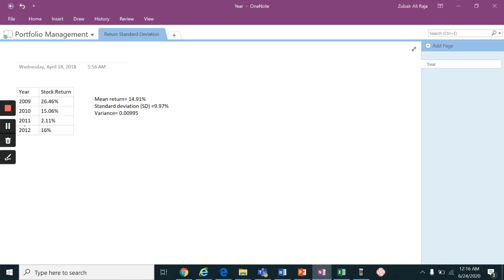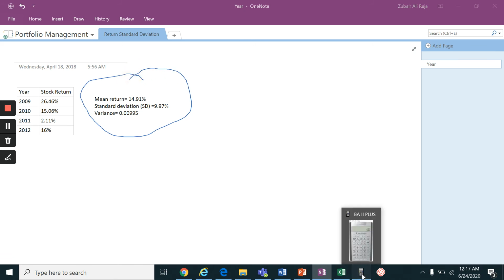Say you have these four returns: 26.46% for 2009, 15.06%, 2.11%, and 16% in 2010, 2011, and 2012 respectively. What is the mean return? I have already calculated it over here, but let me show you how I will do it.